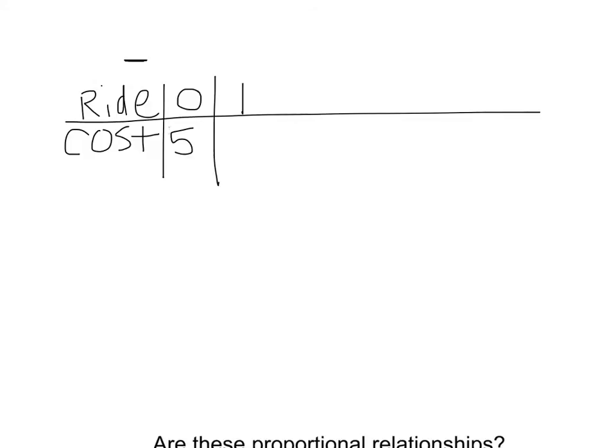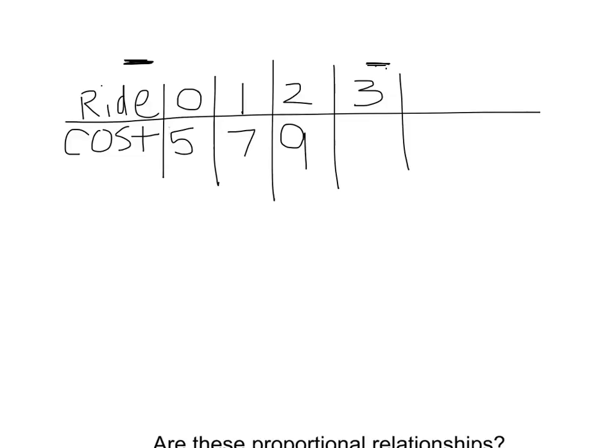Okay, if you go on 1 ride, it's $5 to get in plus the $2, so 7. If you went on 2 rides, it would be the $5 to get in plus $2 for each ride, so $9. 3 rides would cost you $11, and it would keep going up from there.